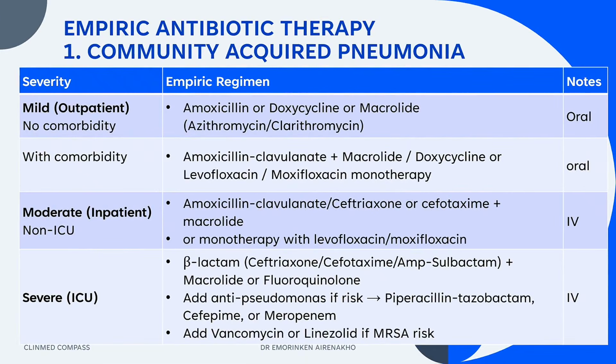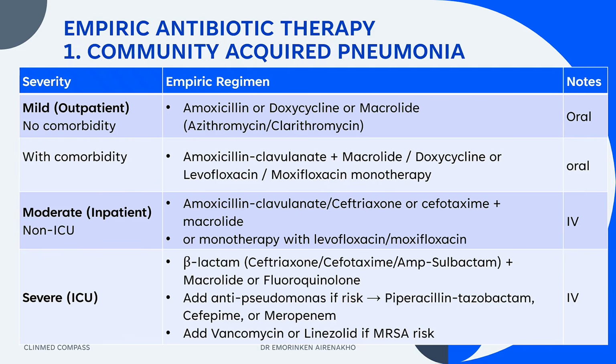Empiric antibiotic therapy. Before culture results are out, the patient has to be started on empiric therapy. For community-acquired pneumonia, this depends on severity. For mild cases of pneumonia, which are managed on outpatient basis, if there is no comorbidity, regimen includes amoxicillin or doxycycline or macrolide, such as azithromycin or clarithromycin.